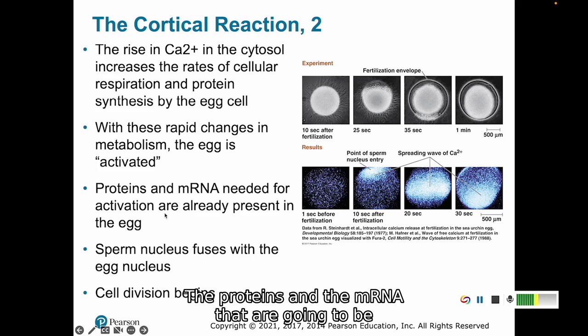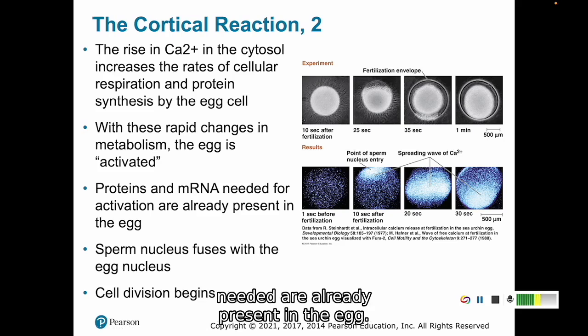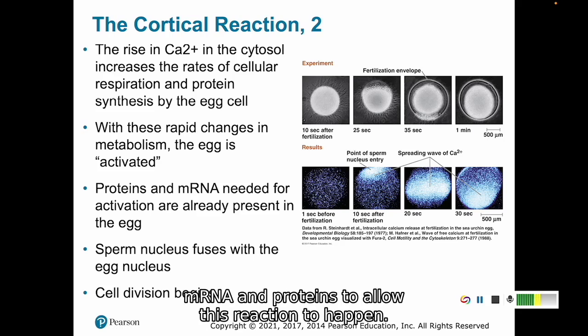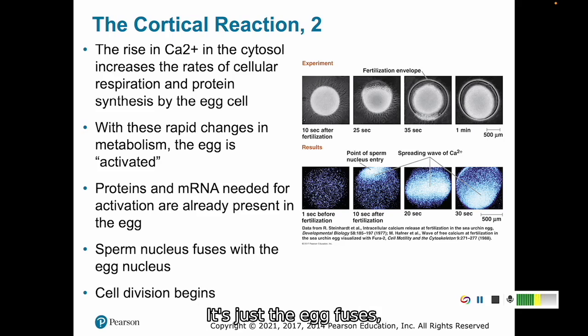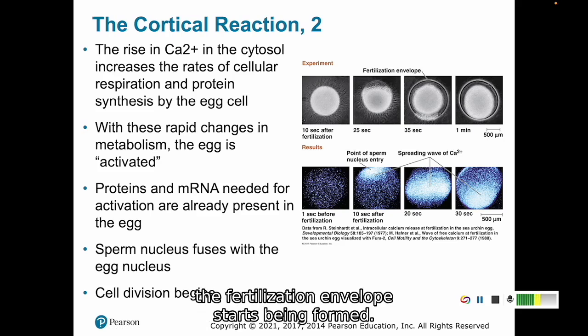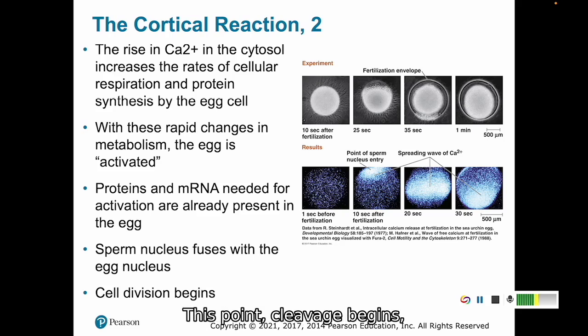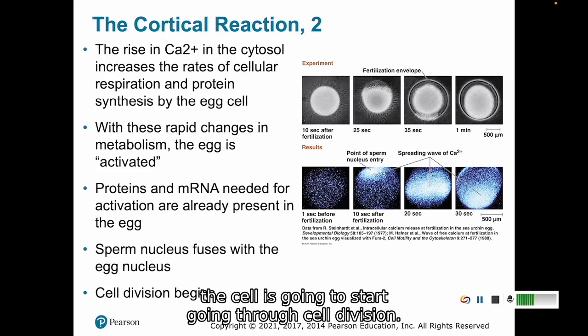The proteins and the mRNA that are going to be needed are already present in the egg before this whole process starts. The egg doesn't have to stop and create mRNA and proteins to allow this reaction to happen. It's just the egg fuses, the calcium is released, the fertilization envelope starts being formed. And at this point, cleavage begins. The cell is going to start going through cell division.